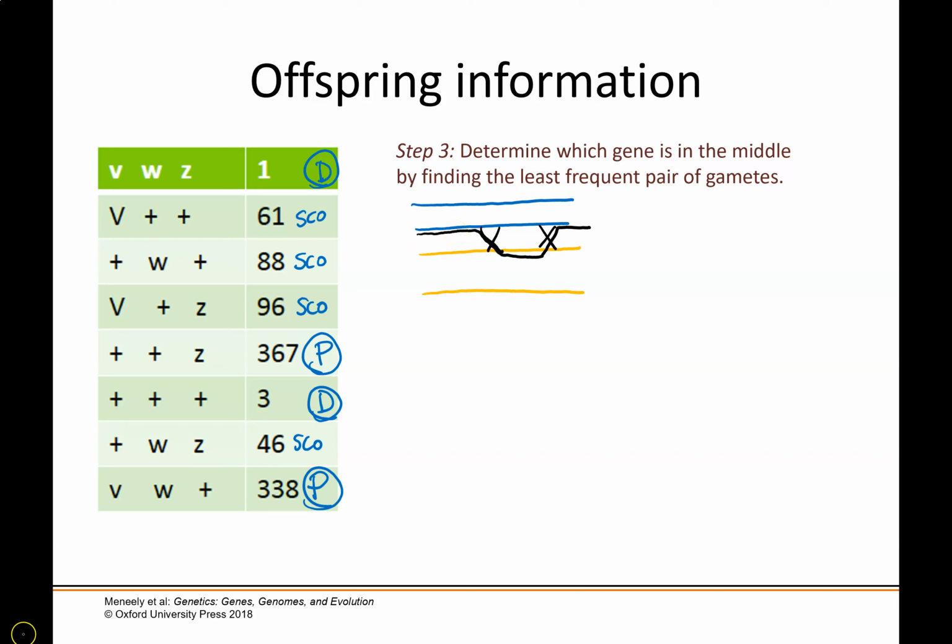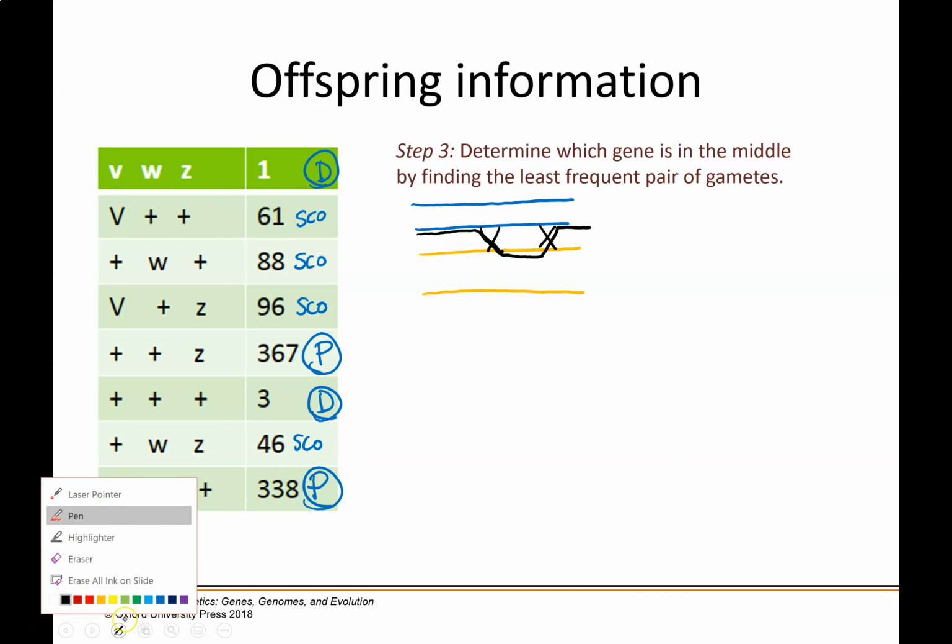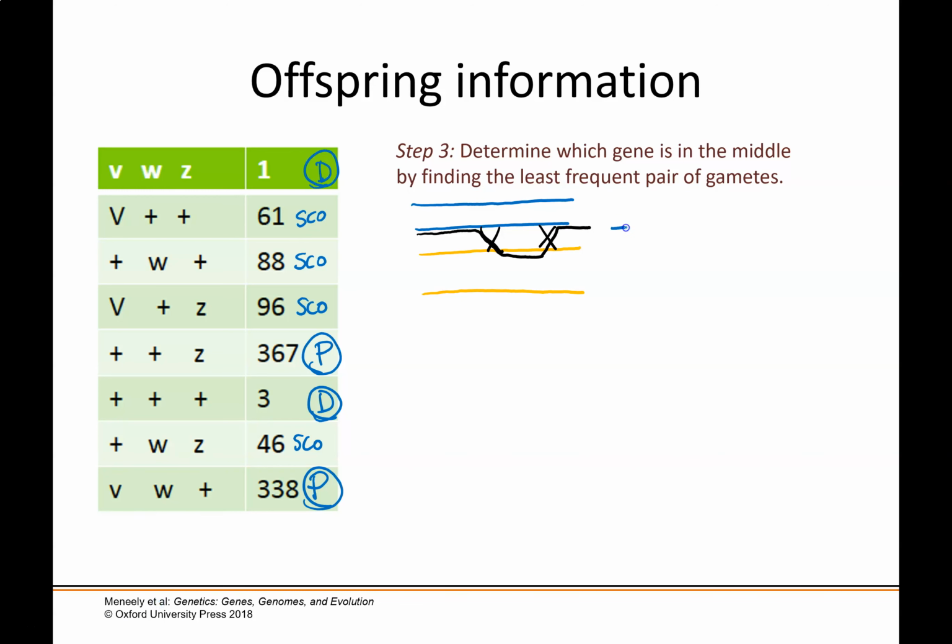So we're going to end up with a chromosome that is blue with orange in the middle. And that's how we get our double crossover. The other one is going to be the opposite. So we are looking for which alleles flip to the other chromosome and which alleles stay the same.